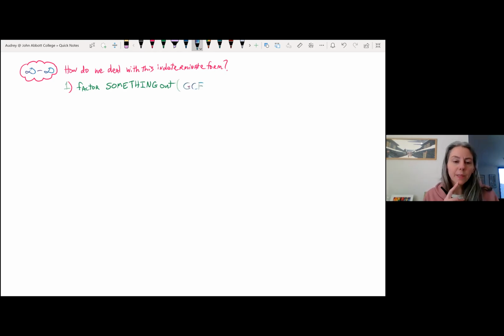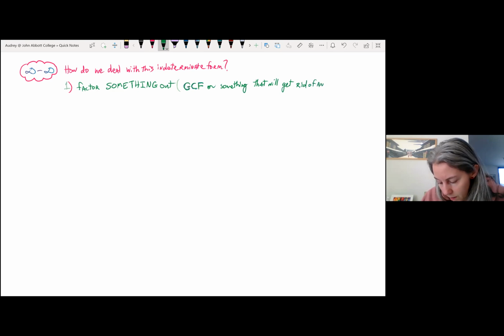But if that's not possible, just something that will get rid of one of those infinities. So it's like we're factoring the infinity to the outside. GCF or something that will get rid of an infinity.